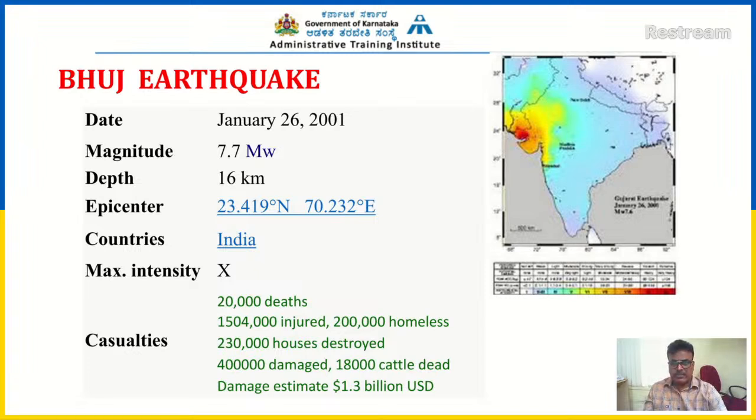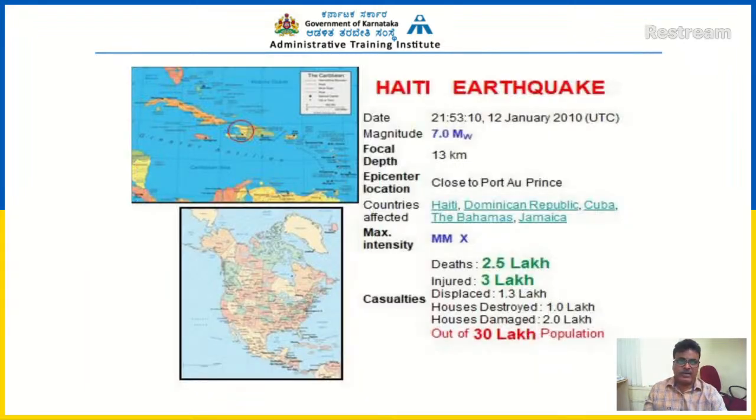Let us go to the next one. We can quote examples whenever that is also good to illustrate. It is the Haiti earthquake. It's a Caribbean country. Haiti is a very underdeveloped, developing country. So an earthquake happened there.